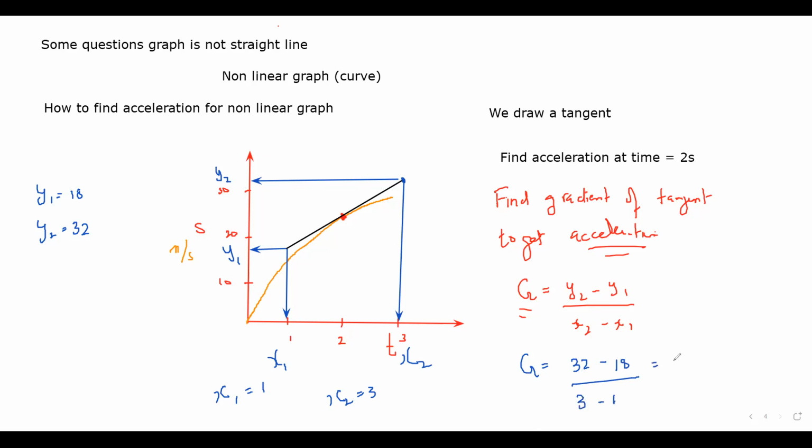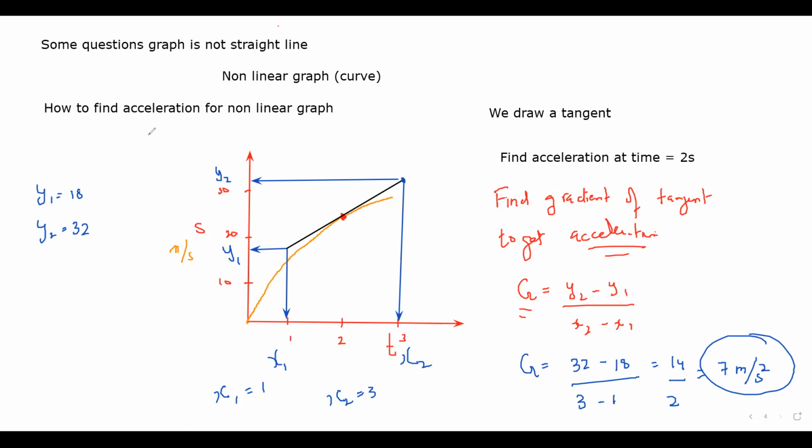So 32 minus 18 is 14, and 3 minus 1 is 2. So 14 divided by 2 is equal to 7 meter per second square. So the acceleration of this object is 7 meter per second square when time is equal to 2 seconds.